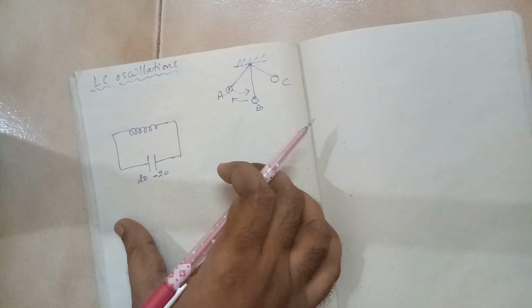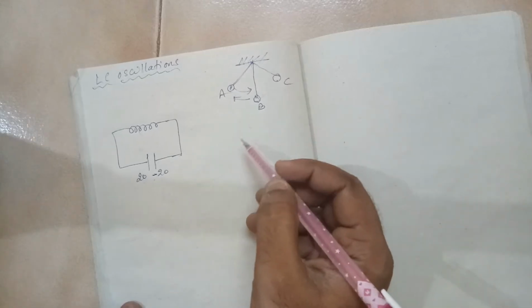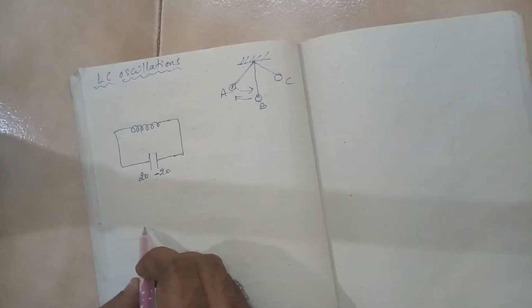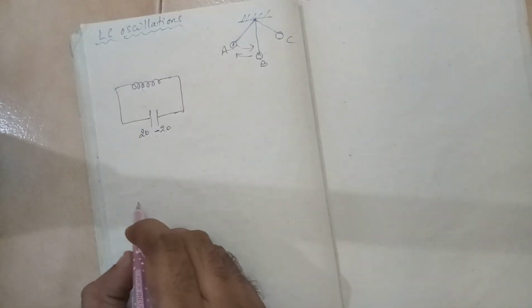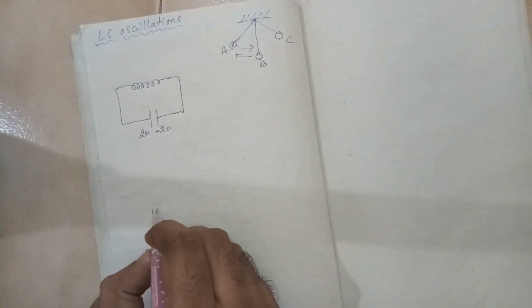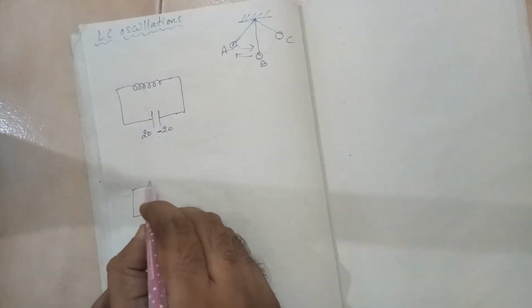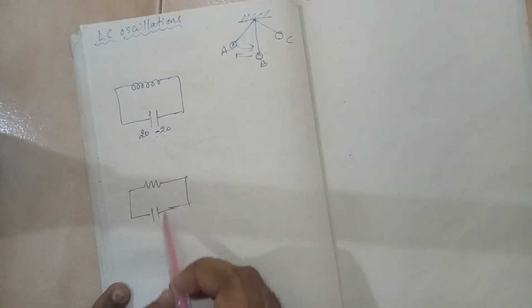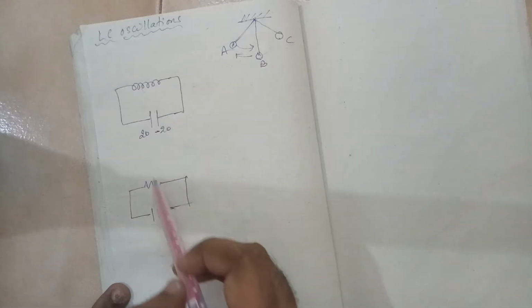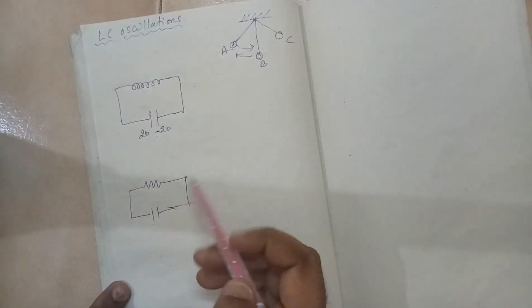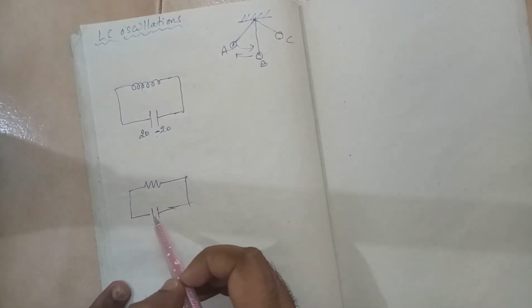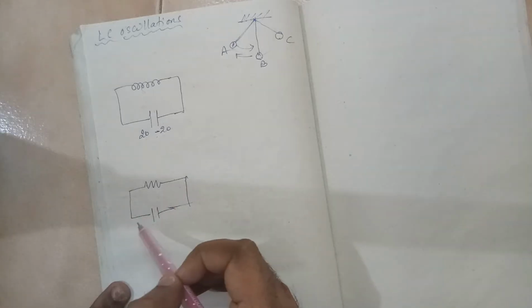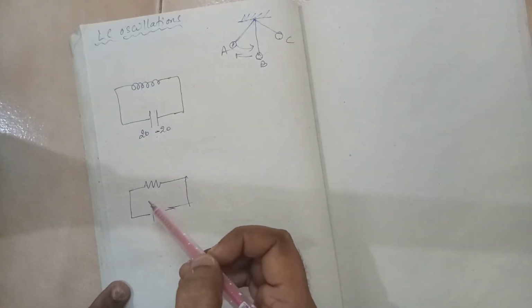Now generally what happens, let us say you have a circuit which has only resistance. So this circuit doesn't have a battery. It has some stored charge, and if the charge travels, there will be a flow of current.